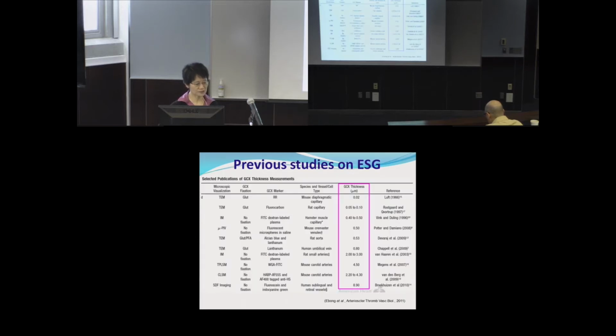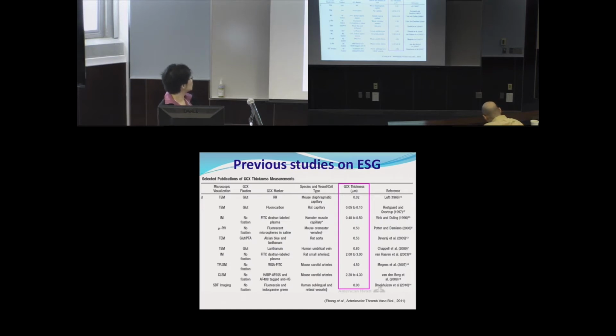Since 1966, people started to want to know the thickness and the organization of this layer by different methods, in different types of vessels, in capillaries, aorta, arteries, and in different species, from mouse to human. They found the thickness of this layer ranges from 20 nanometer up to 8.9 micron. This is all in real vessels.